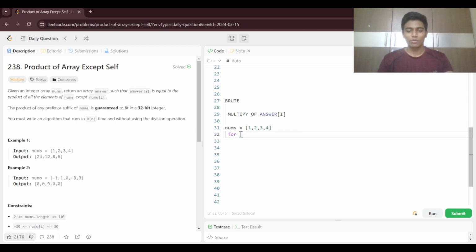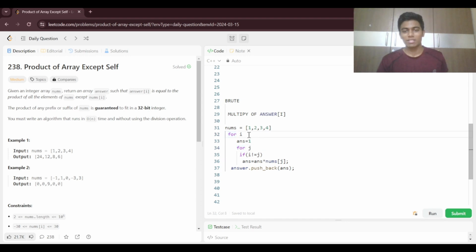For this we need to take index i, which is going to be O(n), and then again we are going to take j, and if i is not equal to j, then we multiply the answer: answer is going to be answer times nums[j]. At last we are appending it to the answer list, and we set the answer to be 1 initially. So this is going to give us the answer.